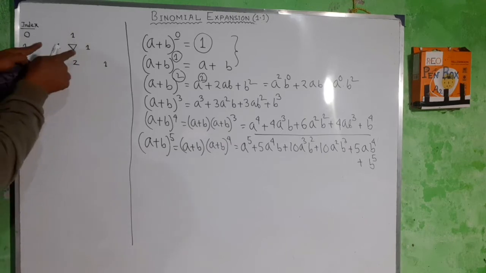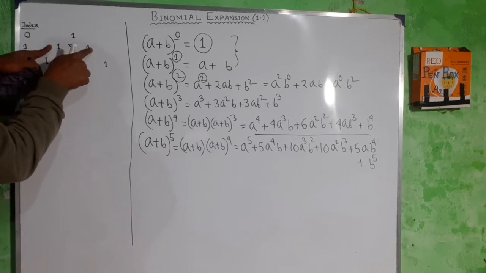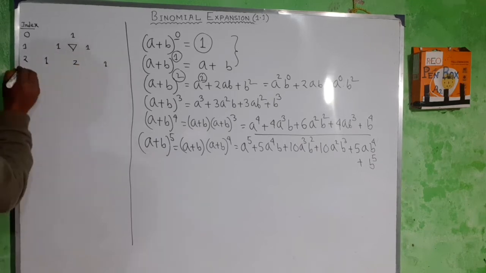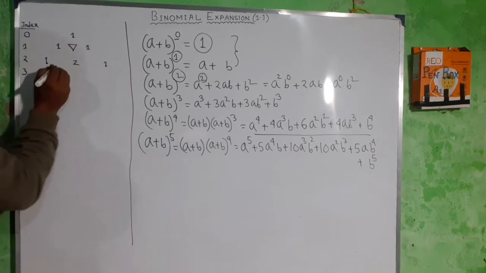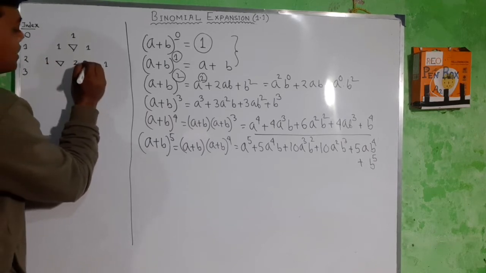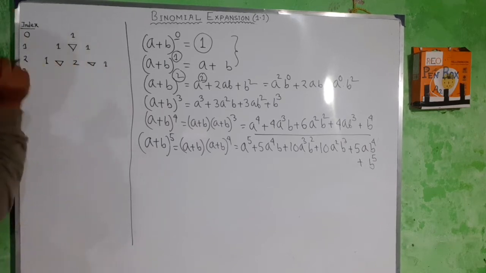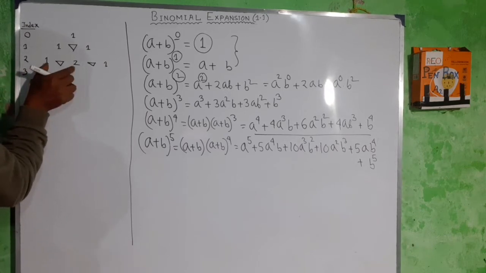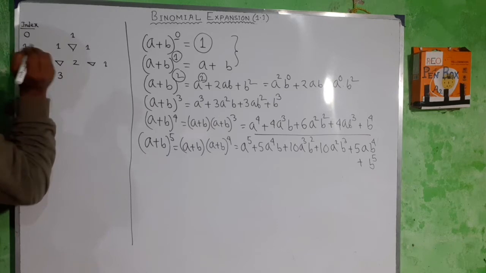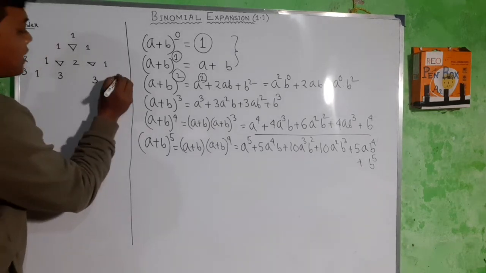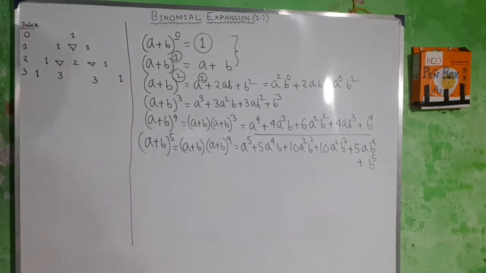That means if this part is given to you and you add these 2 expressions, you will get 2. When the index is 3, in the gap you use the Pascal triangle, starting from 1, and if you add these 2 expressions, 1 plus 2 is 3, and 2 plus 1 is also 3, and the last term is 1.